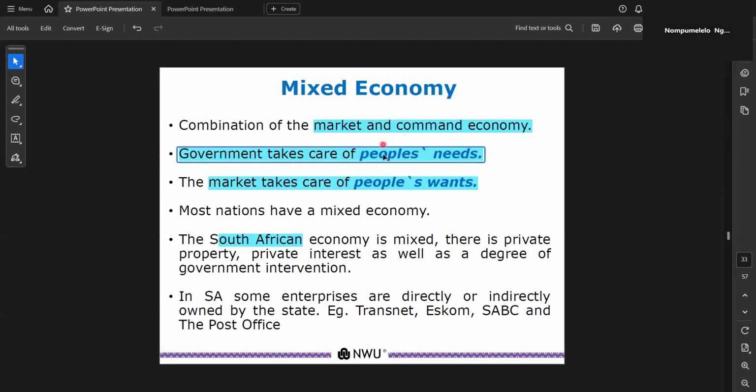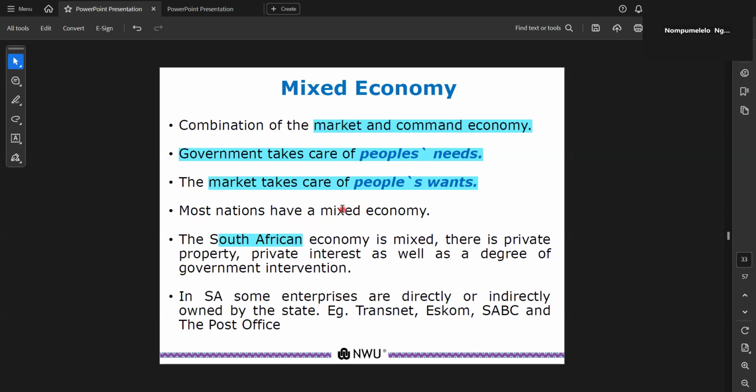The government provides us with our basic needs such as schools, hospitals, and so on. And then the market takes care of people's wants. So the market will provide us with what we want, iPhones, and so on. Most nations have a mixed economy, like South Africa. South Africa is a mixed economy.